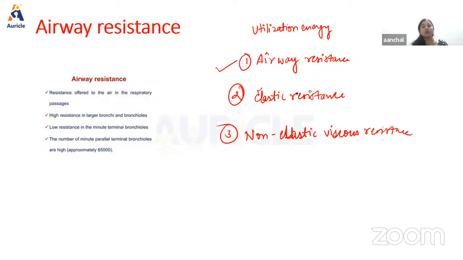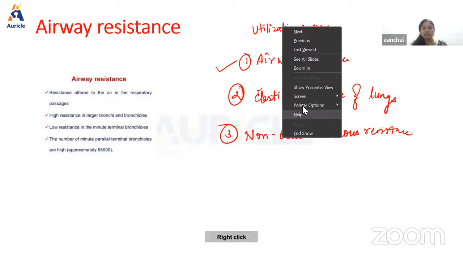Then if we talk about the elastic resistance of lungs and thorax, energy is required to expand the lungs and thorax against the elastic force, and the work done to overcome the elastic resistance is known as compliance. Then third we have non-elastic viscous resistance.